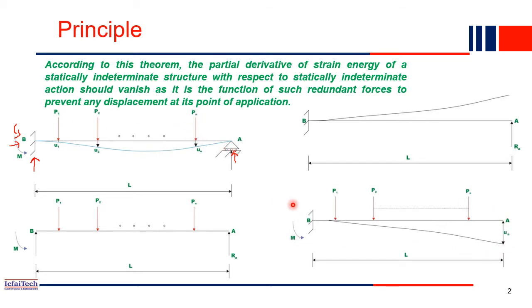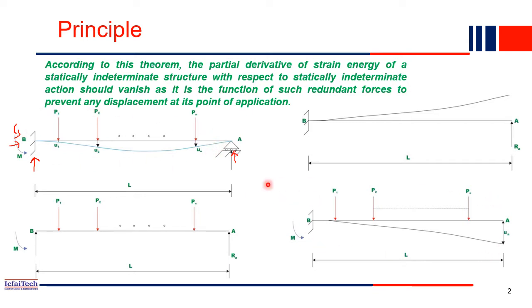If you see this beam, this is a cantilever beam with only P1, P2, P3, Pn, all the loads acting, but there is no support at A and it is free. So this is our first part. So we divided this entire original beam into two parts. One is where we removed this support itself, that is reaction RA, and we made this propped cantilever into a cantilever beam.